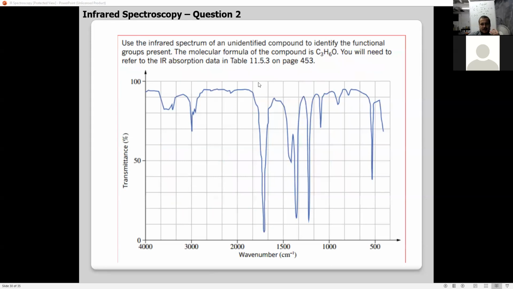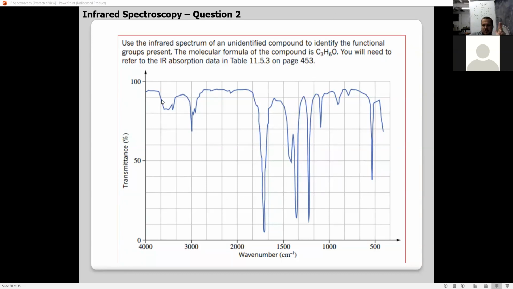So I'm going to give you guys 60 seconds to have a think about this. So looking at the formula, it can be one of three things: an aldehyde, ketone, or an alcohol.